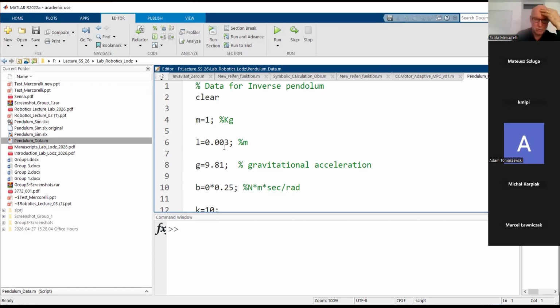This is a little bit too short. This is 30 centimeter, right? Yeah, this is better, no? Probably we checked, yeah, this is 30 centimeter.